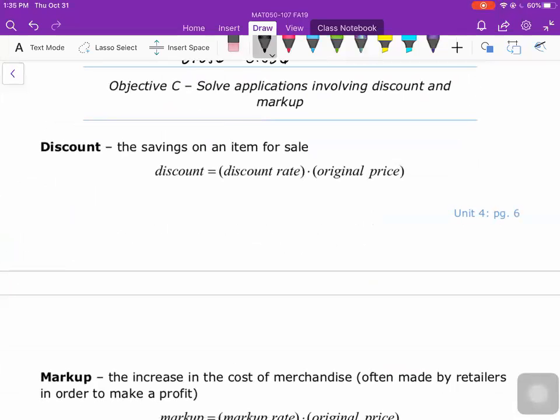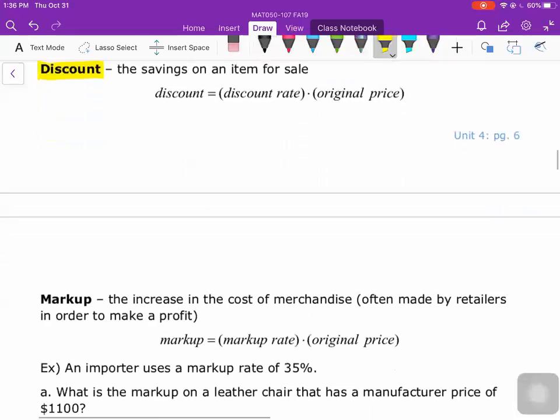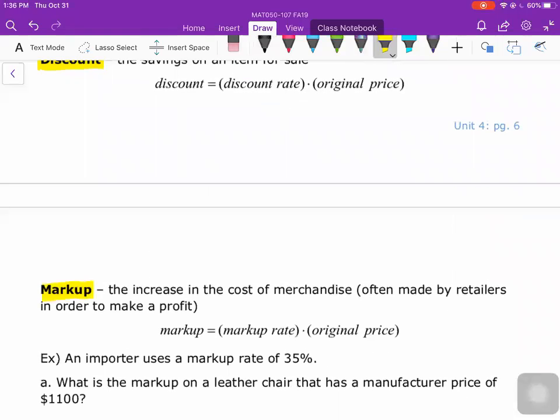Applications involving discount and markup. A discount is the amount that we save on an item. The amount that we save is equal to the discount rate times the original price. Markup is the increase in the cost of merchandise, often made by retailers in order to make a profit.